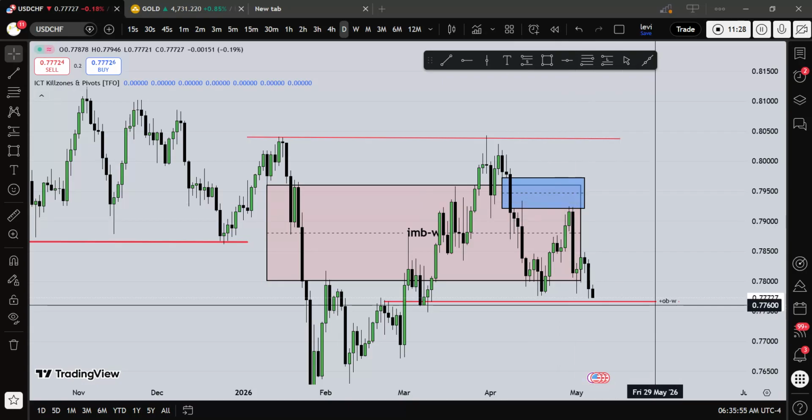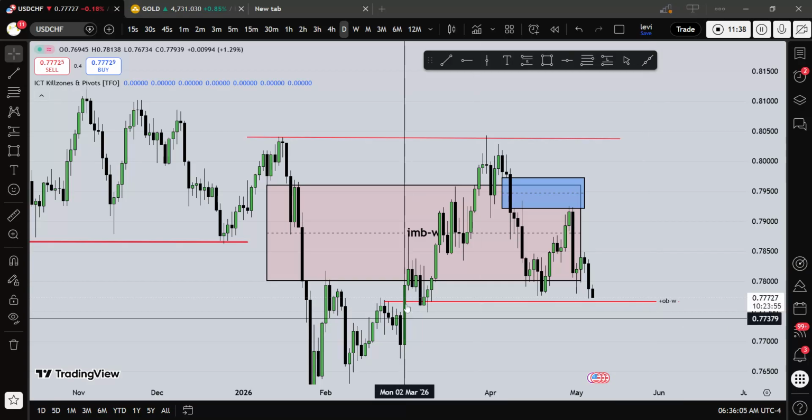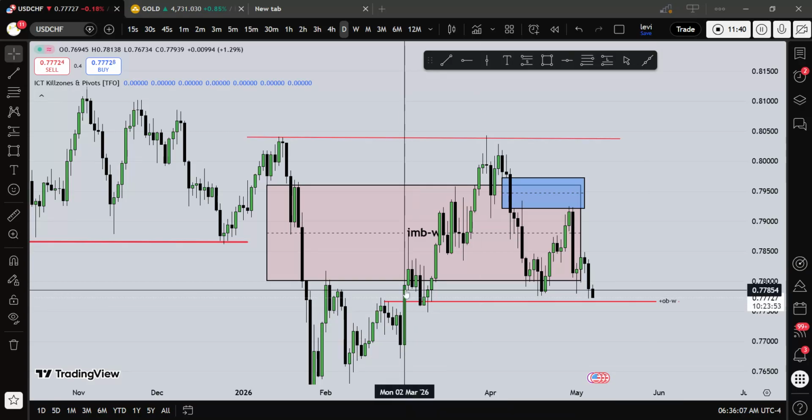So now here is that weekly order block we pointed out there. Now we have something else. We have an imbalance here from the daily.